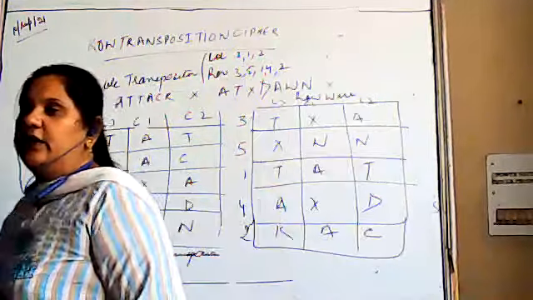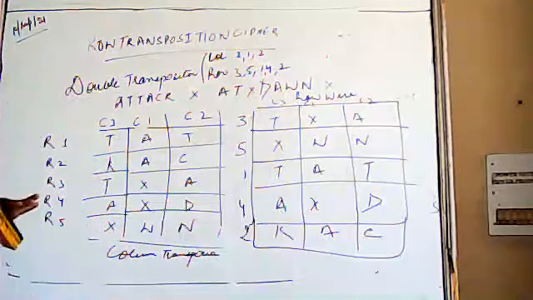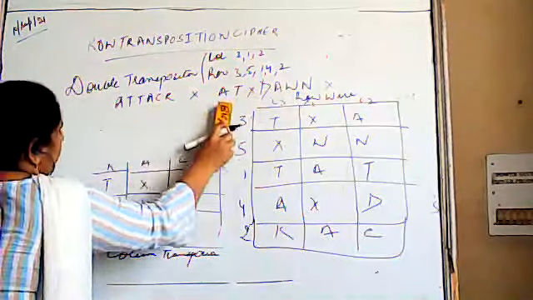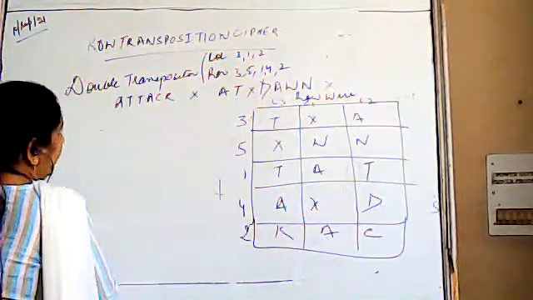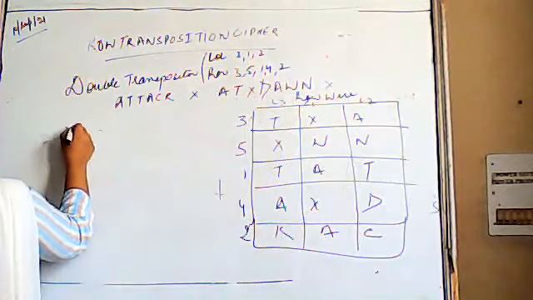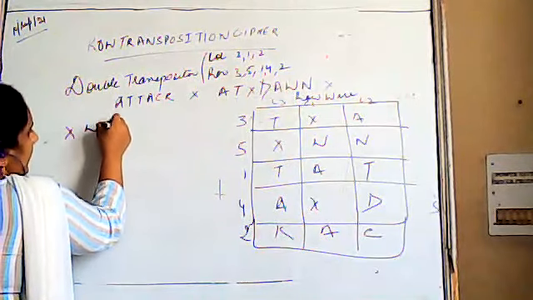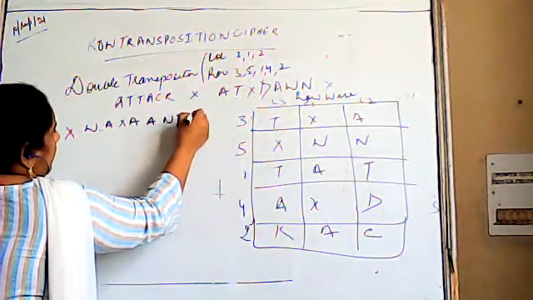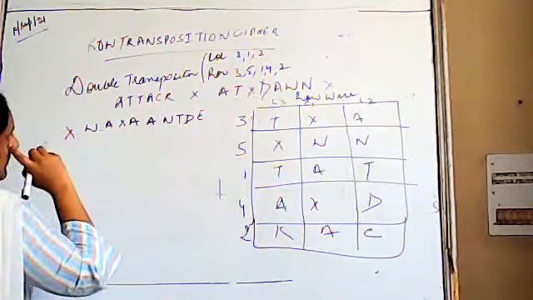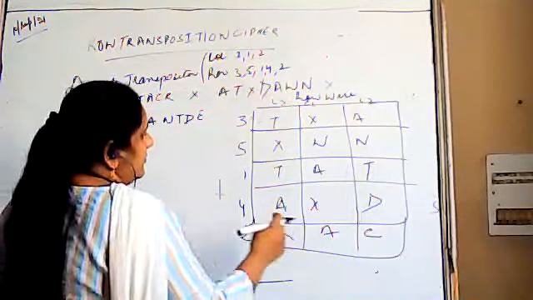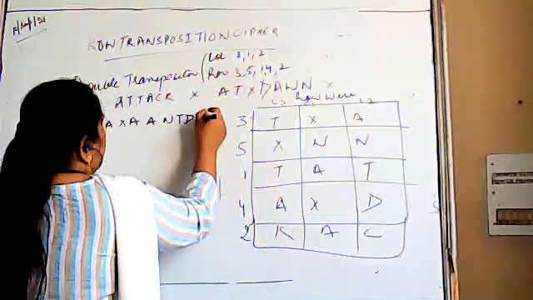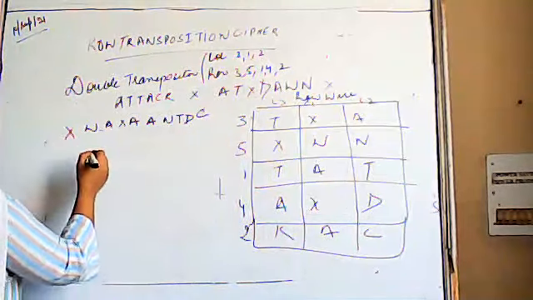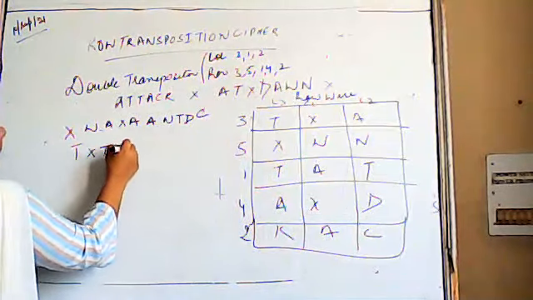Fine. Now read this table column wise. For the ciphertext, this column will be XW, AXA, then ANTD, C. Then you have TXTAK.